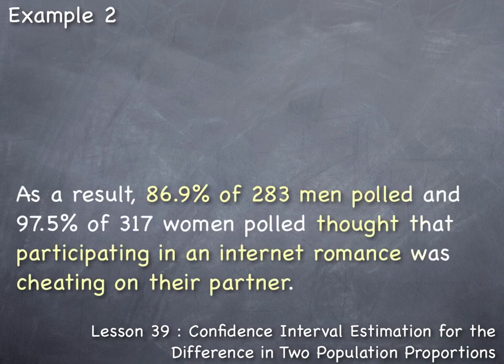So when we're told that 86.9% of 283 men polled, the 283 men being our first sample would be N1 equals 283. The 86.9% who thought that participating in an internet romance was cheating on their partner would be our first sample proportion, P1 hat, which equals 0.869.